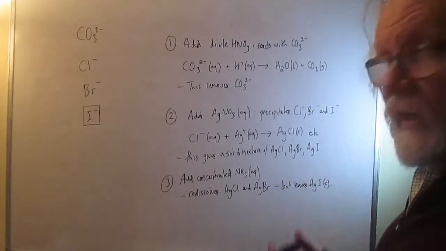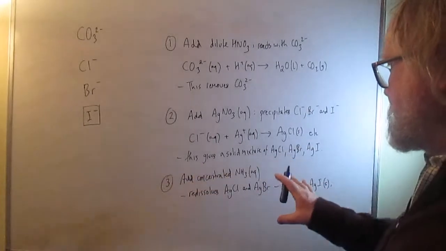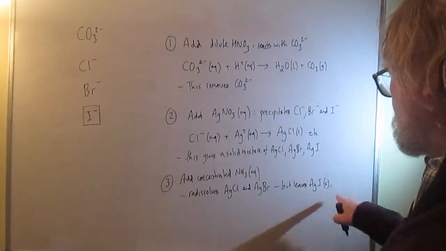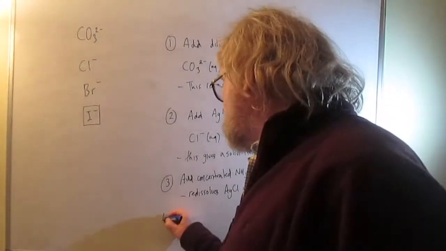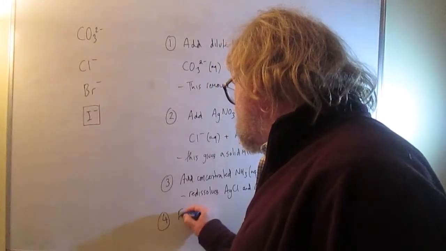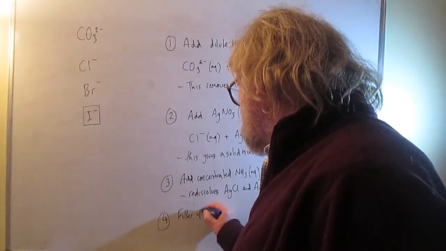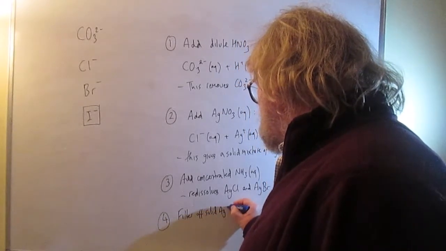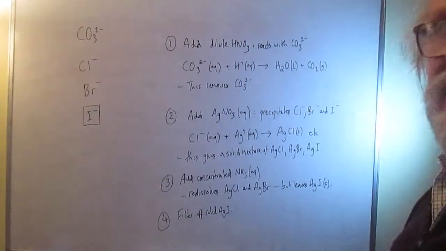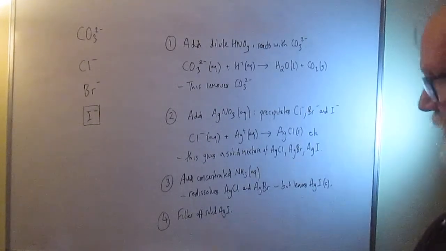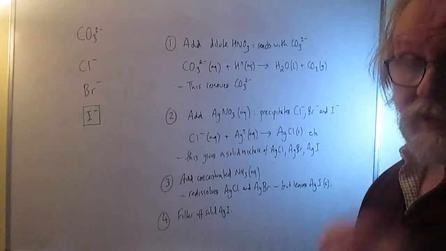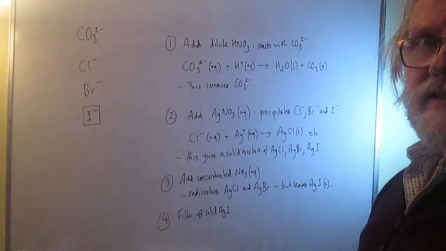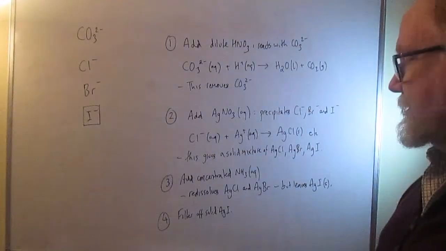So you need to finally add on to that, how do you get from this mixture the pure solid silver iodide? So the fourth step is that you filter off the solid, and then always when you have a filtration step, the problem is that there'll be some solution still sticking to it, and obviously the stuff dissolved in that needs to be got rid of.